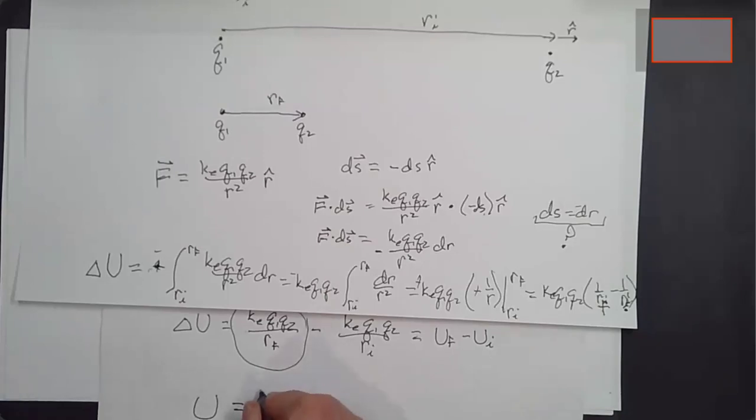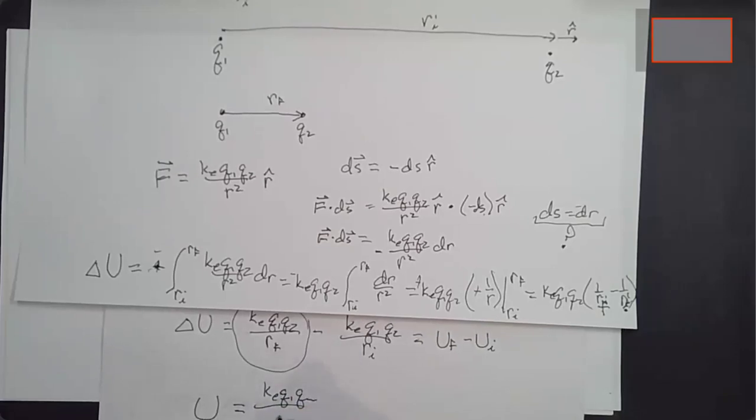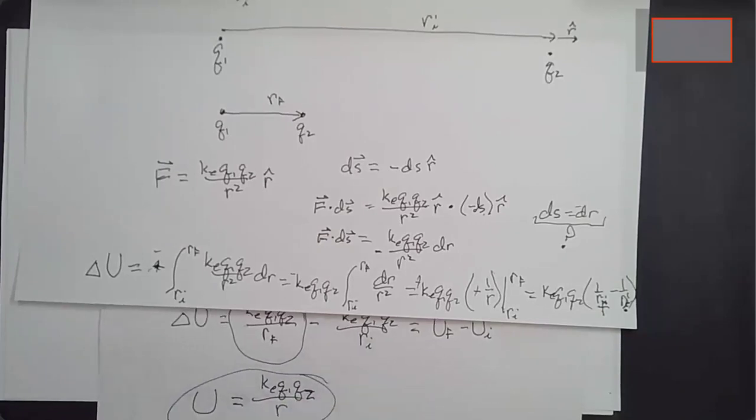But for now, we're going to have K sub E Q1, Q2 over R be the electric potential energy of two charges. And this is similar to what we had for gravitational potential energy, although when we studied gravity winter quarter, we defined the gravitational potential energy to be zero at infinity.